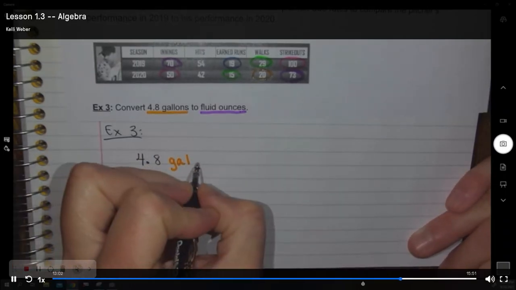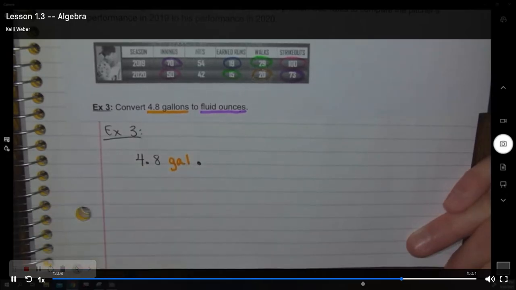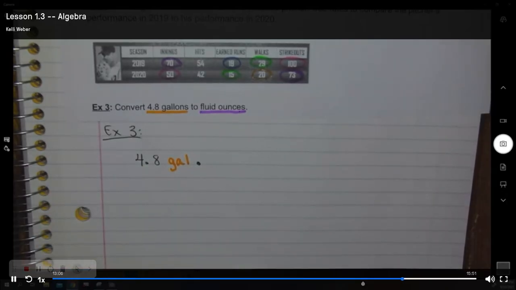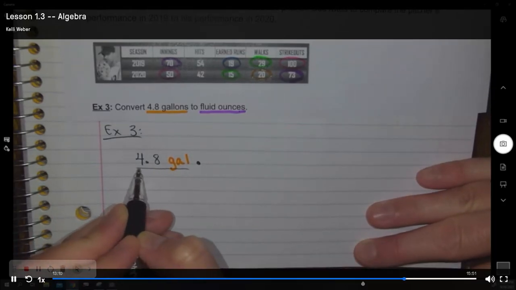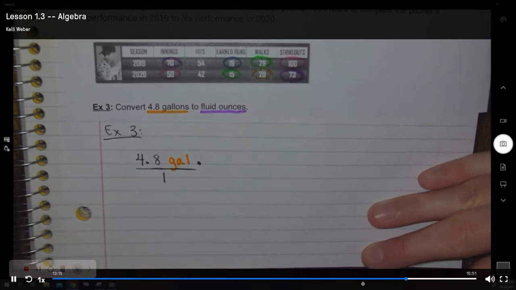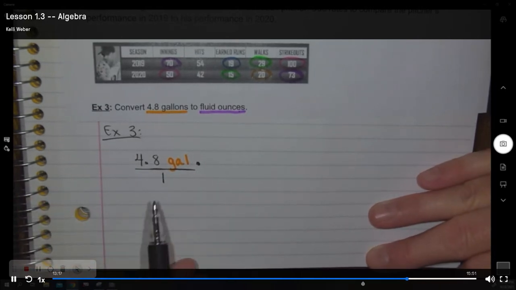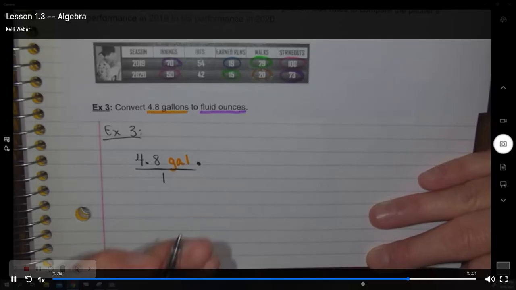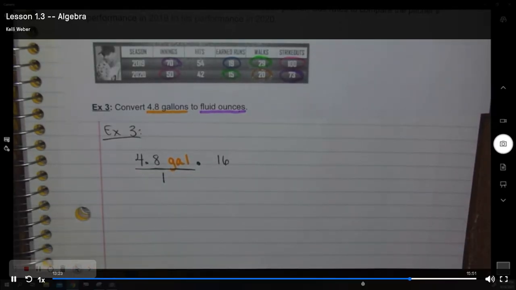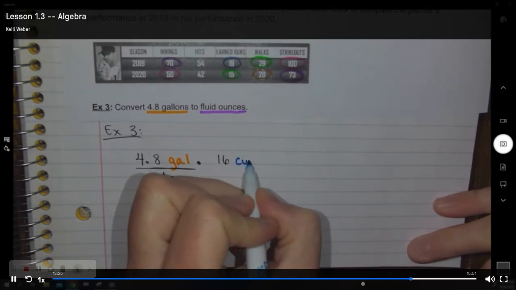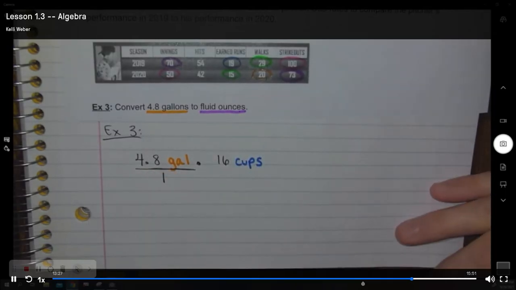What you're going to do is multiply it by some units of measurement that you know. So for example, if I made this into a fraction, since there's no label on the bottom, we're going to put a 1 on the bottom of this fraction. But I know that there are 16 cups for every 1 gallon.